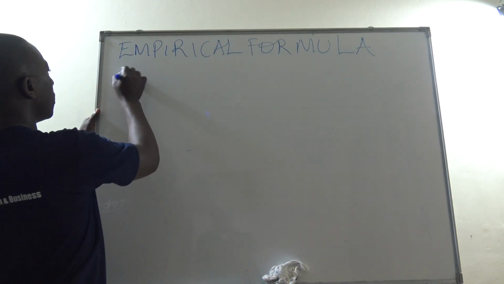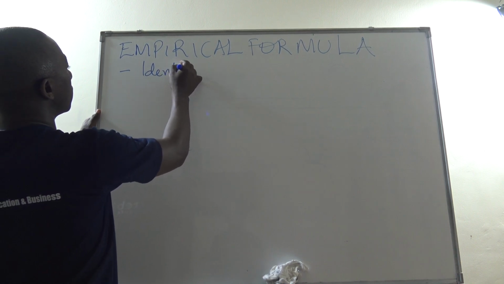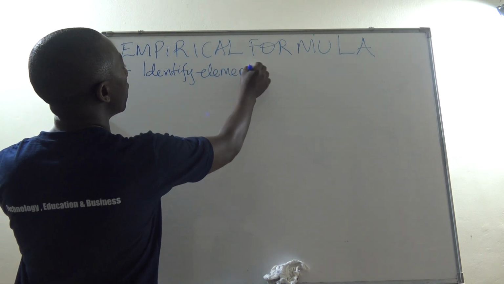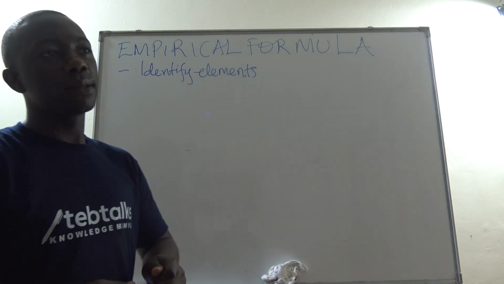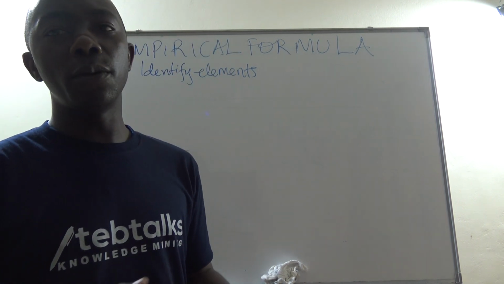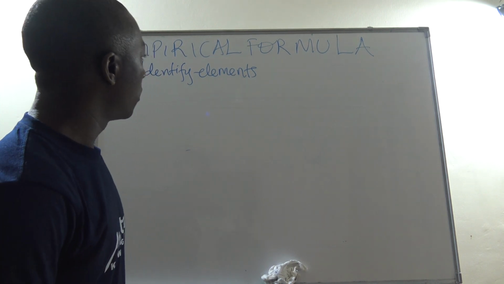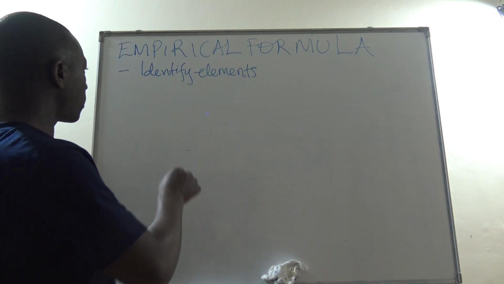Number one, we need to identify elements. You are going to calculate an empirical formula, but the formula you want to obtain has which elements? Is it carbon? Is it hydrogen? Is it magnesium? We really need to identify the elements which are going to form the compound that we're trying to find out.